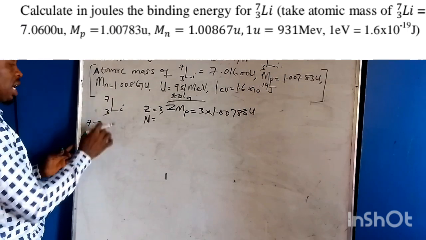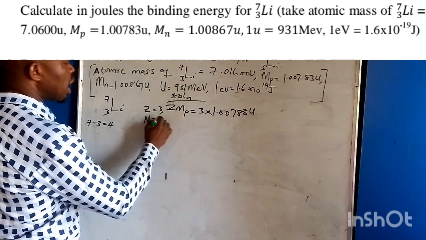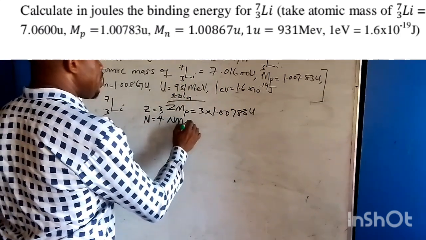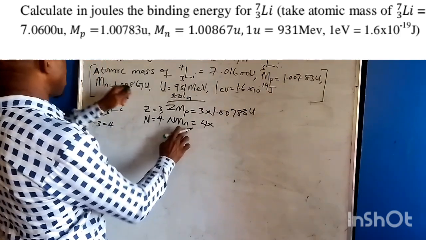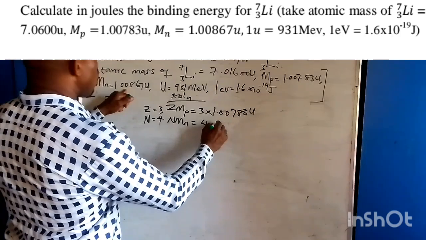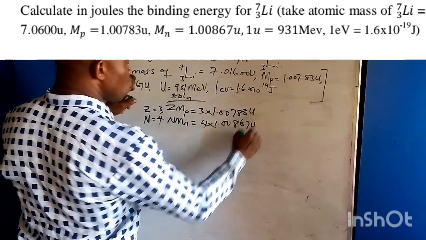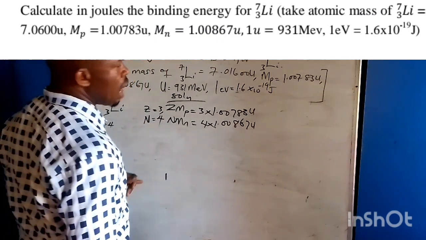Whatever is remaining is the neutrons, which is 4. Therefore N is 4. N Mn will give us 4 times the mass of neutron, which is 1.00867 U.